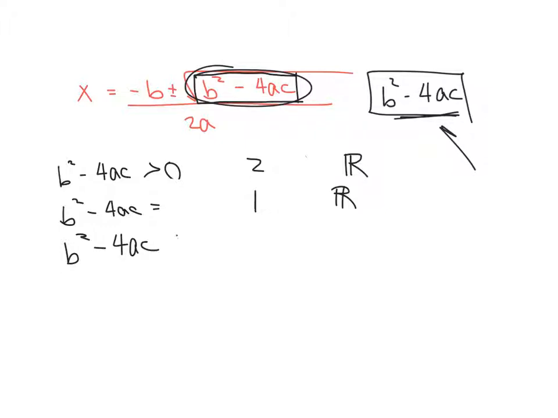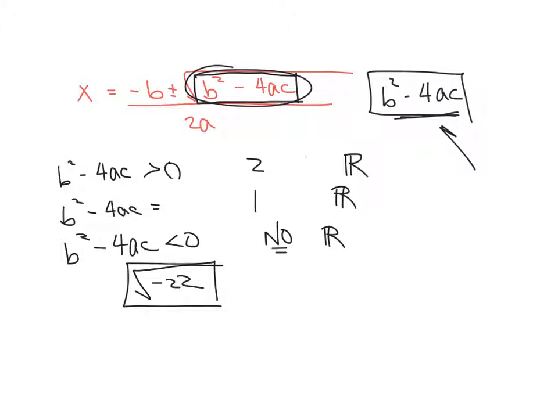Alright, if b squared minus 4ac is less than 0, that means that you are doing the b squared minus 4ac, and let's say you get negative 22. The square root of a negative cannot be done, which means there is no real number solution, which brings us to imaginary numbers or complex numbers.